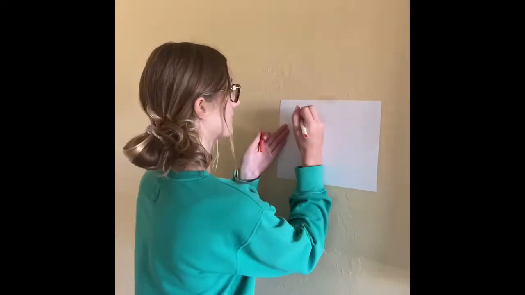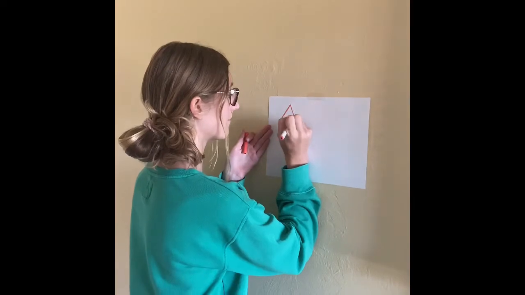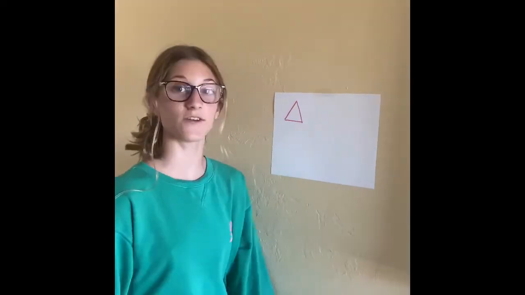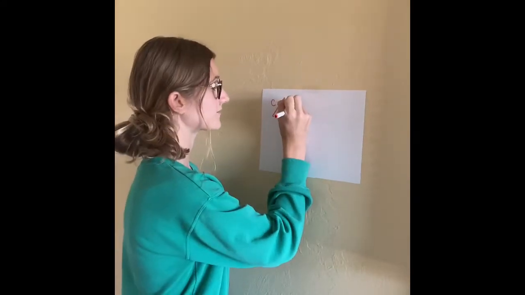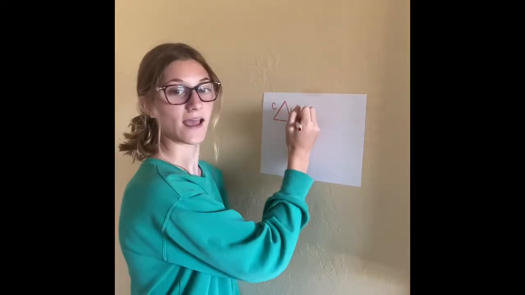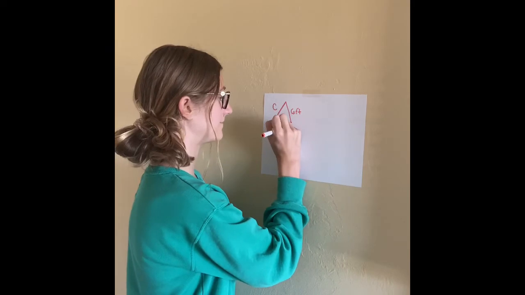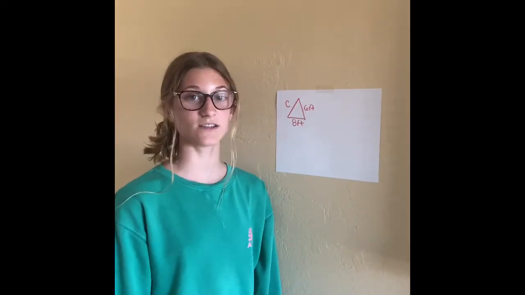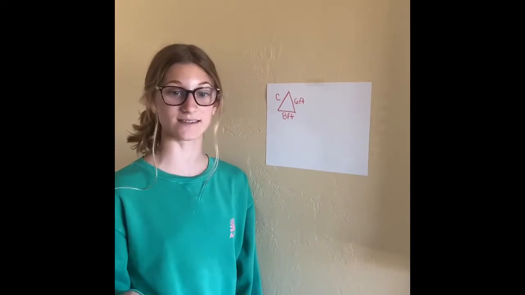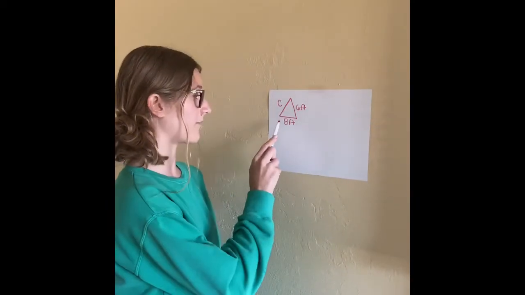The first equation that I'm going to show you how to solve is C equations. So for this problem, you are going to put C here, 6 feet here, and 8 feet over here. When you start solving these equations, you want to remember to multiply the biggest number first, so that would be 8.